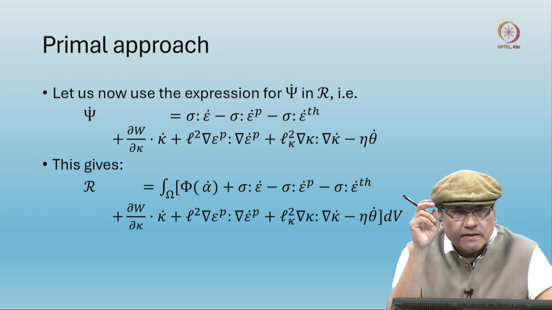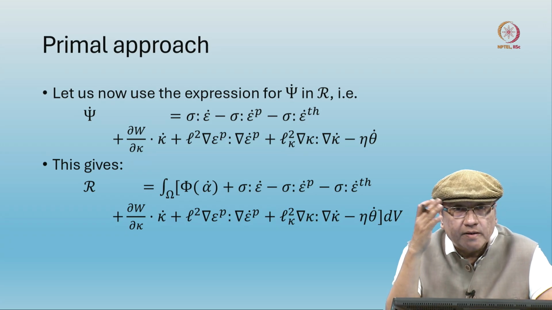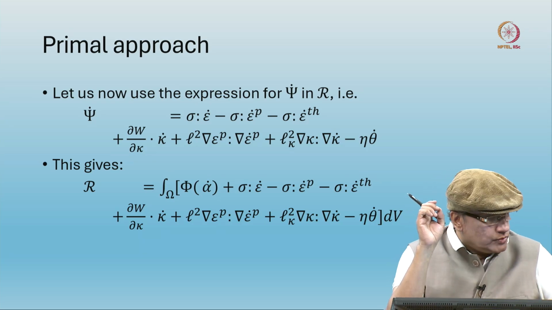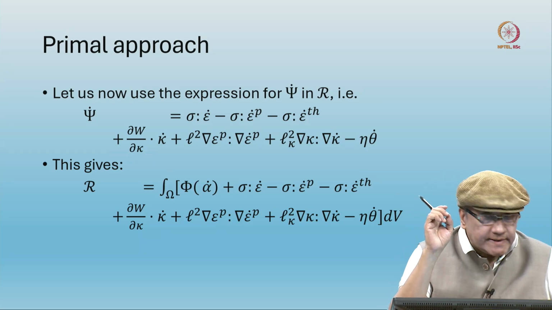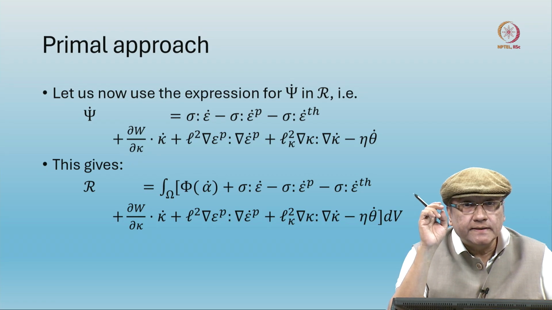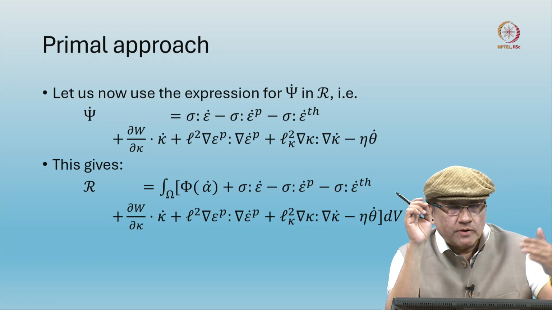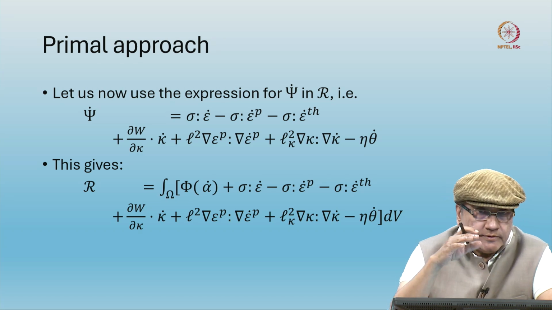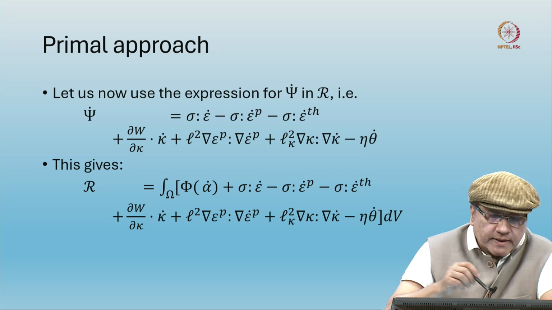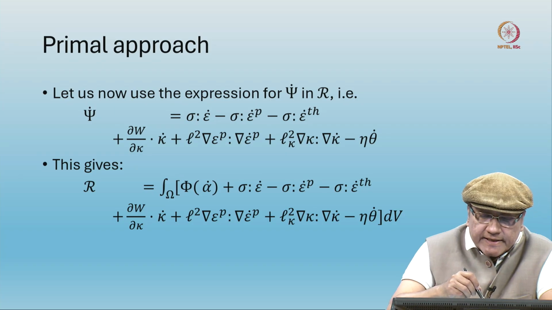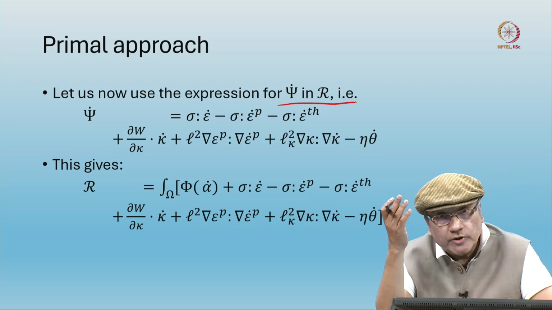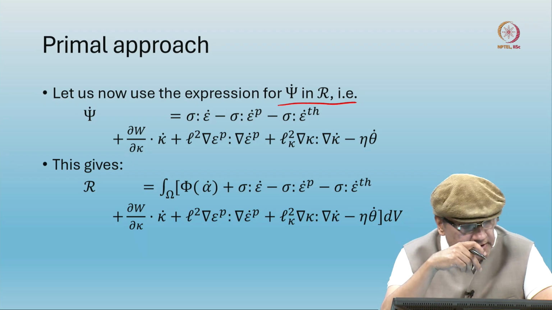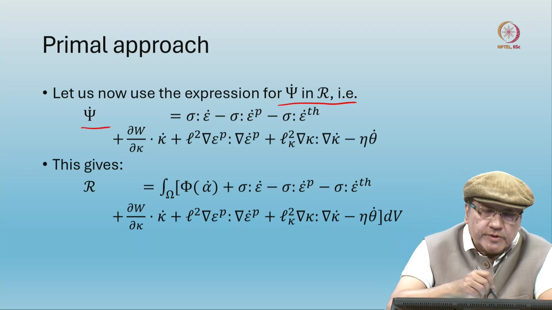Now let us do things part by part. I will come back to a few points which will become clear as we go forward. Let us take the expression for psi dot that we already had in the last lecture. Please go back and check that expression for psi dot, which we reproduce here.